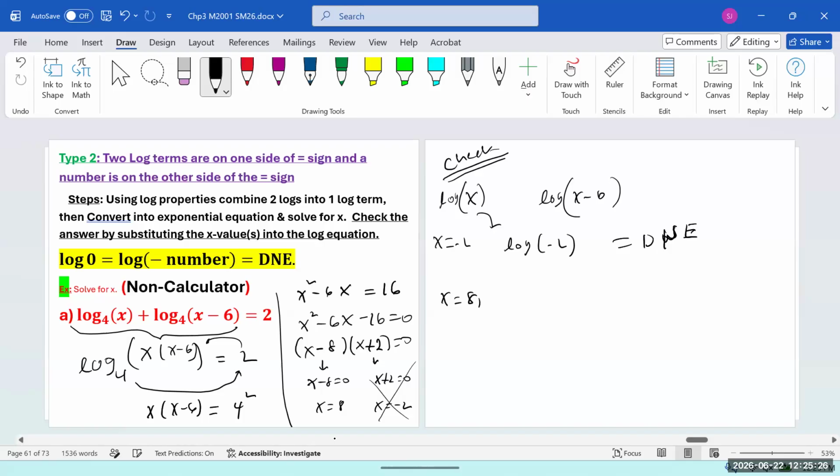When x is 8, we get log 8, it's safe, positive. And we get log of 8 minus 6, which is log 2. This is also safe. So we accept x equals 8. You have to check the entire equation, whether left side equals right side. At least for this class, checking the argument is fine. And see, that's why you always have to check, because we cannot have log 0 or log of a negative number.